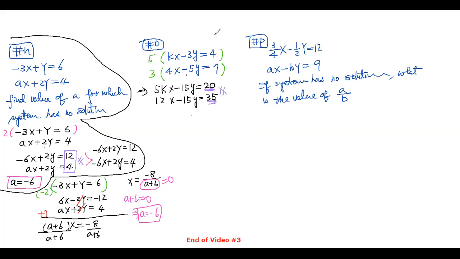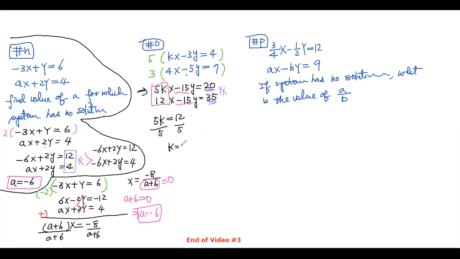Now, my coefficients in front have to match, right? So 15y minus 15y match. That means these two have to match, correct? So that means 5k equal to 12. Good. So what is the case here? You divide by 5, divided by 5.